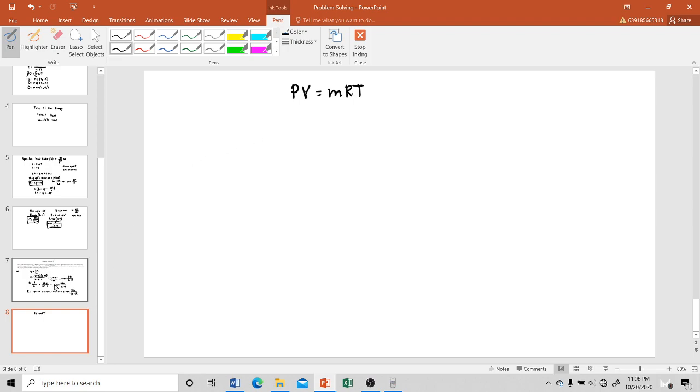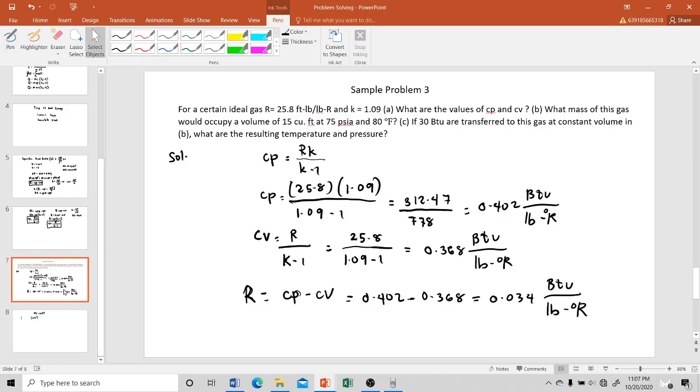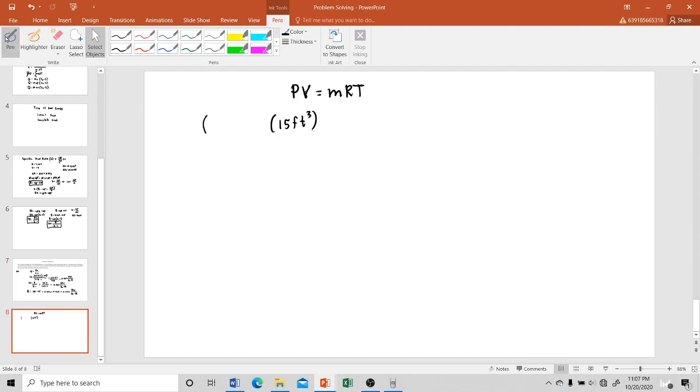For the volume, we have 15 cubic feet, times the pressure of 75 psia, or pounds per square inch.